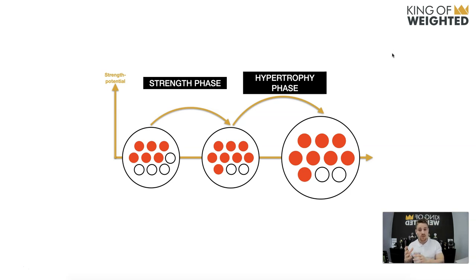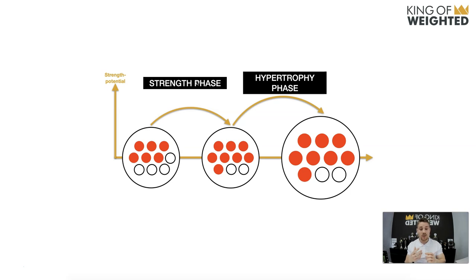In the hypertrophy phase, we want to focus on increasing the cross-sectional area, so we actually want to increase the strength potential that we can then maximize in a strength phase, or the other way around. So those are actually just two different phases of the bigger picture, and nothing that has nothing to do with each other.